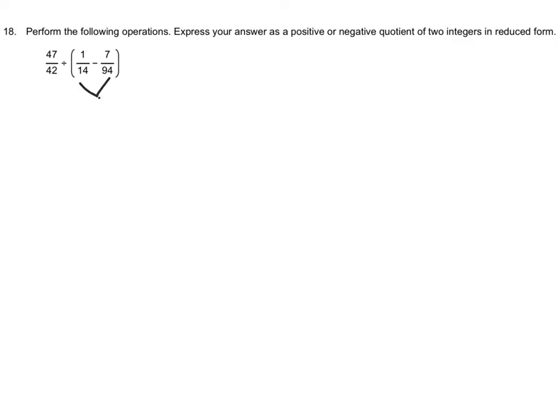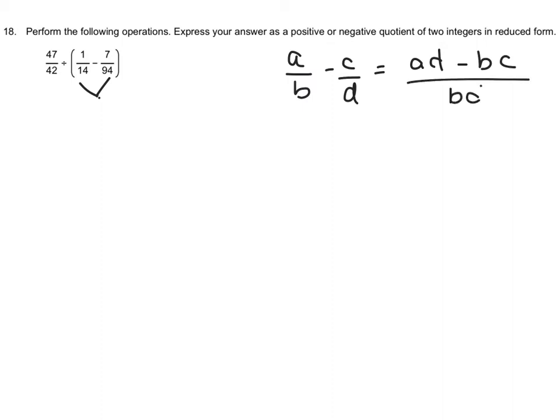So I have to subtract 1/14 minus 7/94 first. In order to subtract these two fractions, I'm going to use the definition that A over B minus C over D equals A times D minus B times C over B times D.